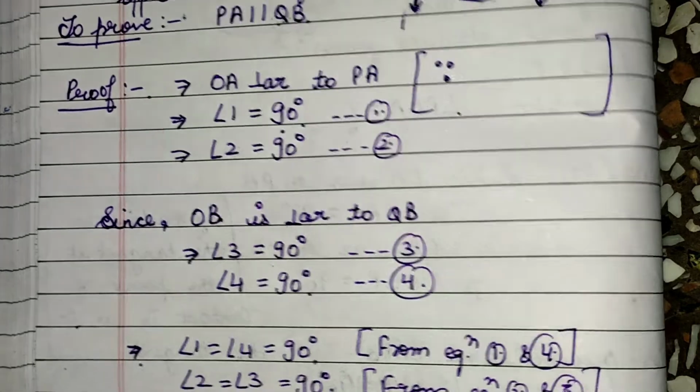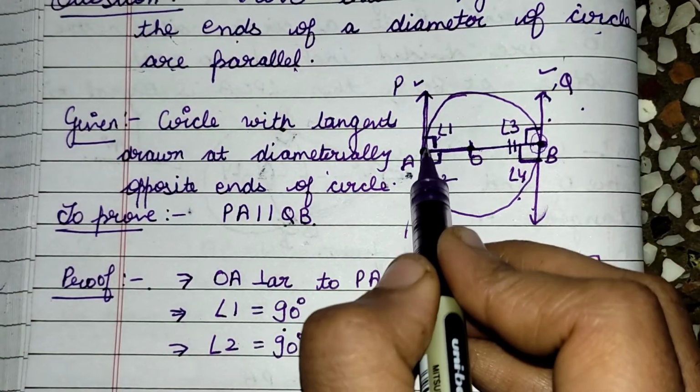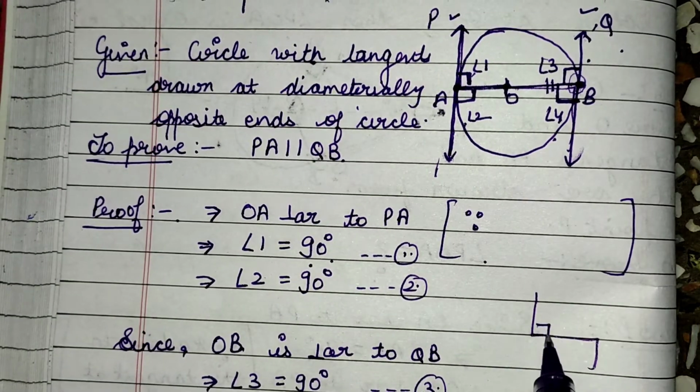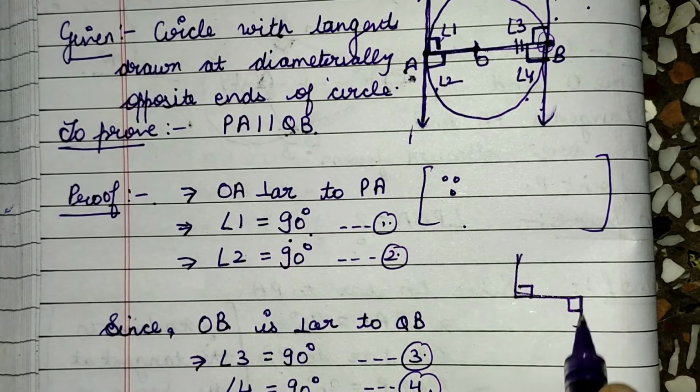So when angles 1 and 4, and 2 and 3, are equal, see, angles 1 and 4 are making this shape. This is my angle 1 and this is my angle 4. So what is this shape? This is a Z shape.